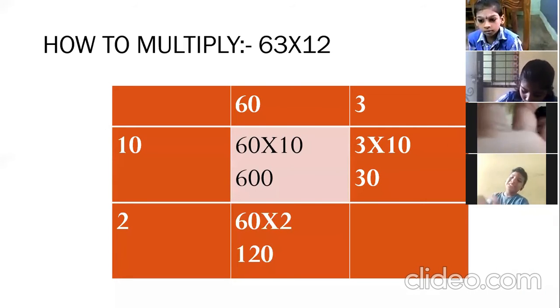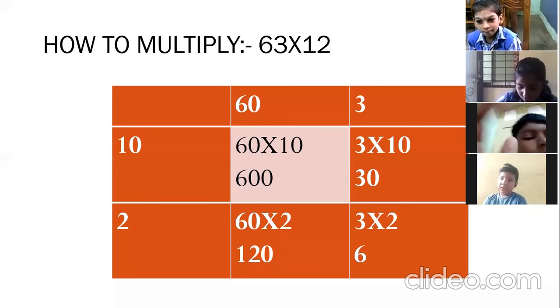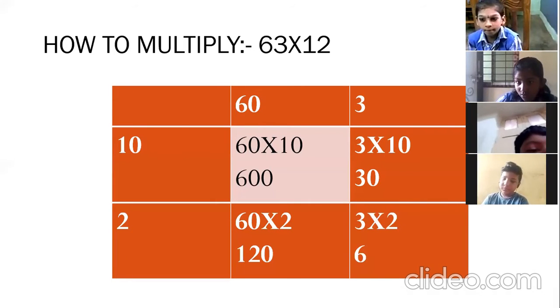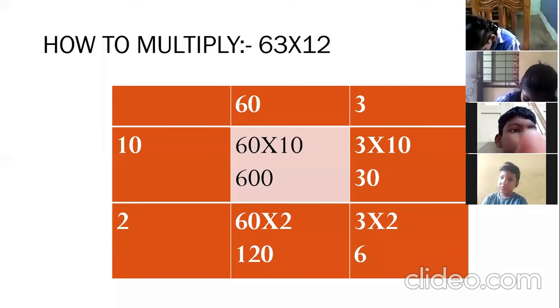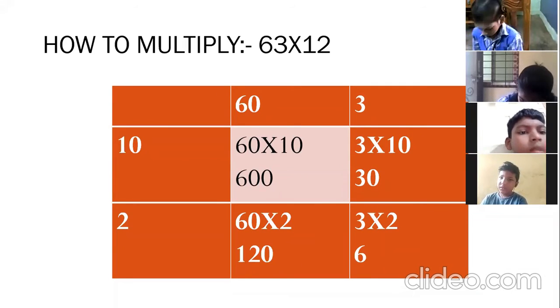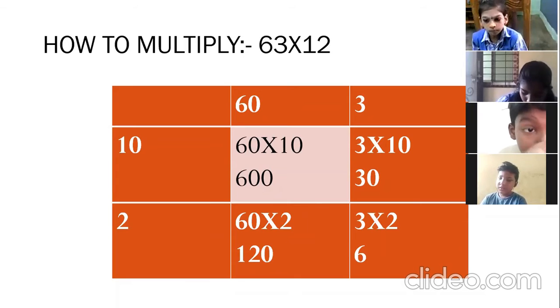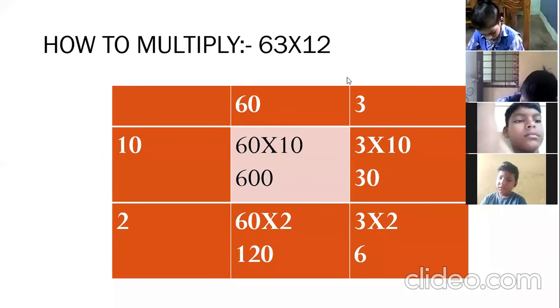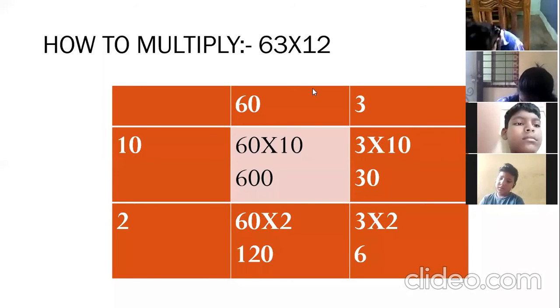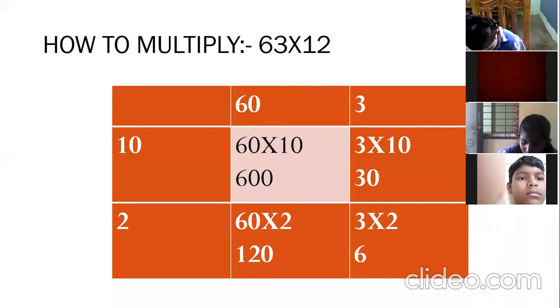Sir. Yes. 756, sir. After getting all the values, you have to add. Don't shout. I have not asked for the answer. I have told you not to give the answer. Why are you shouting and giving the answer?